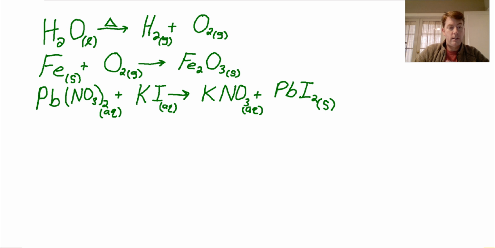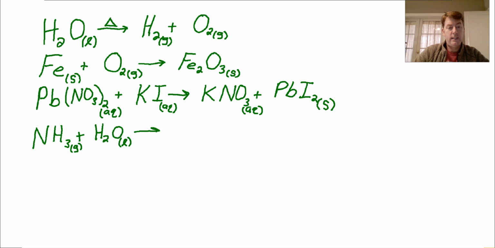The last one I'm going to show you is ammonia. So ammonia is NH3, and that is a gas. And we're going to react that with water. So if we put ammonia gas, have it dissolved in water, liquid water there.